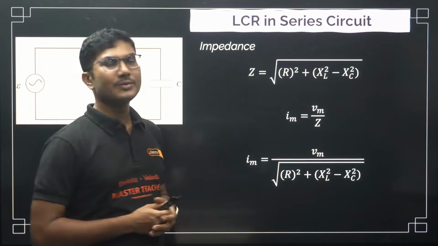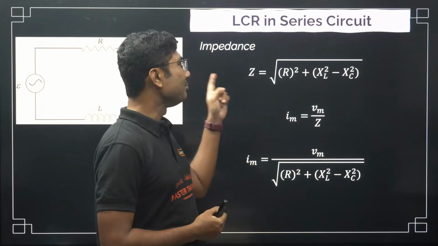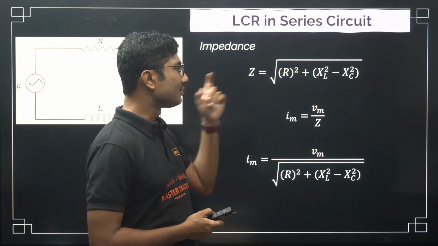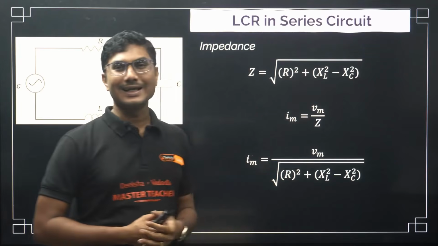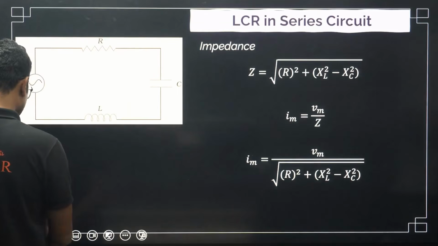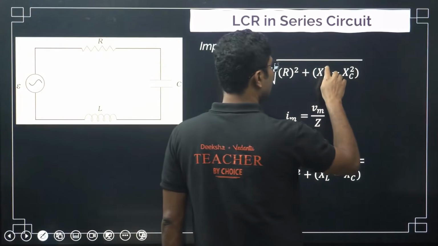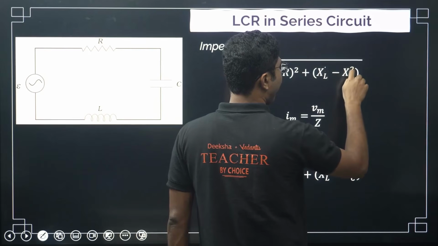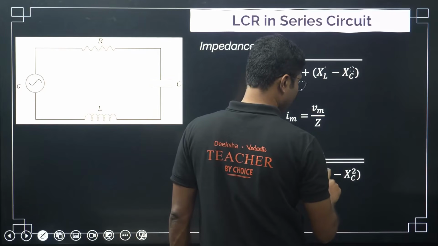The term that we use in case of an AC circuit is impedance, and the impedance can be calculated using this formula: Z equals square root of R square plus XL minus XC whole square. Sorry, there is a small mistake over here. It is XL minus XC whole square, same over here as well.